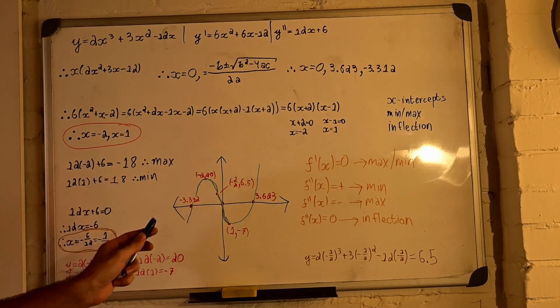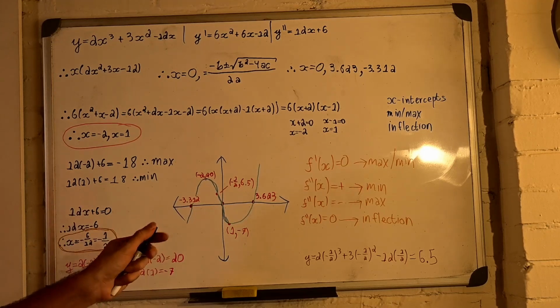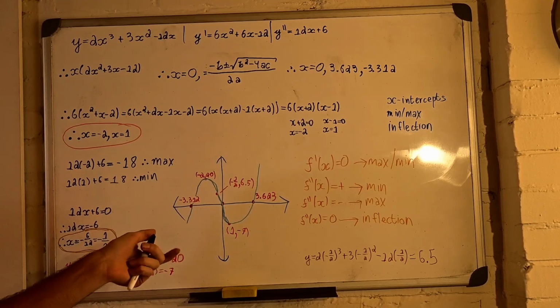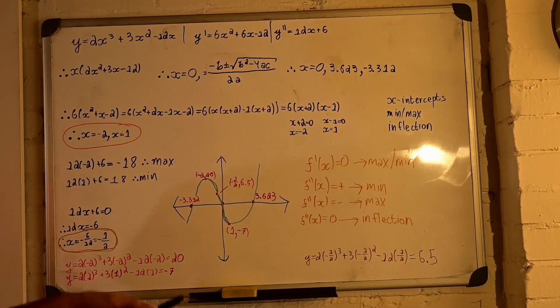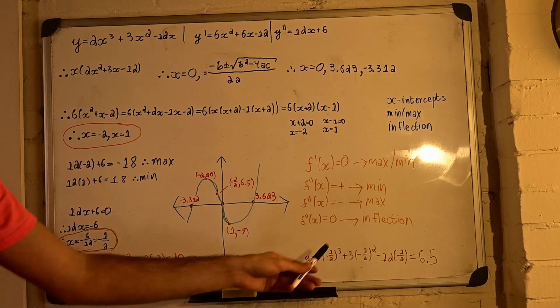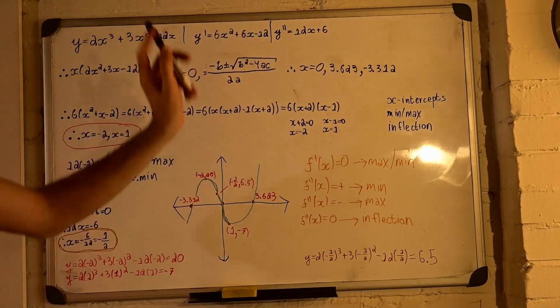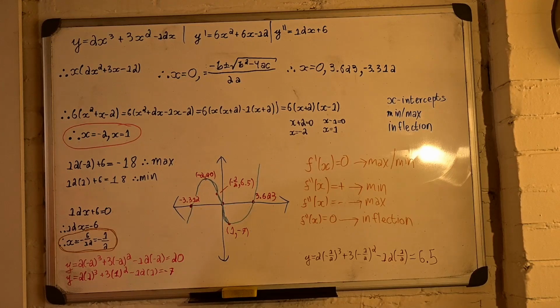One more thing. At this point, we have almost everything. We know where the local maximum and minimum are, which one is the local maximum and which is the local minimum, and we also know all the x-intercepts. There's one more thing we can find, which is the inflection point. When the second derivative is equal to 0, you can find an inflection point. What an inflection point is is kind of difficult to describe.